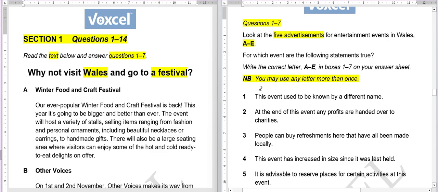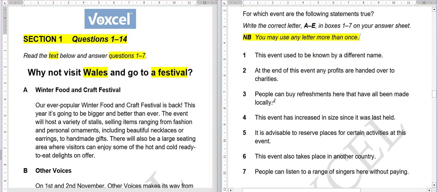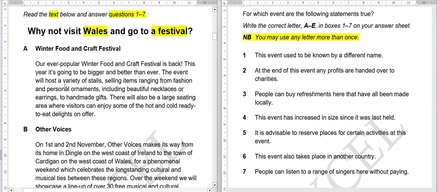This instruction means that maybe, just maybe, you may have more than one answer in one particular paragraph. For example, in paragraph A you may find answers to two questions, like 1 and 2, 1 and 3, 2 and 3, whatever the numbers may be. If you look at the number of questions, there are 7 questions, and how many paragraphs are there? Yes, A to E, meaning 5 paragraphs.